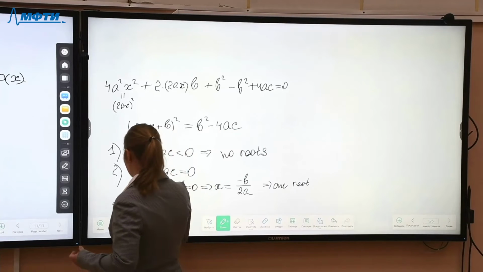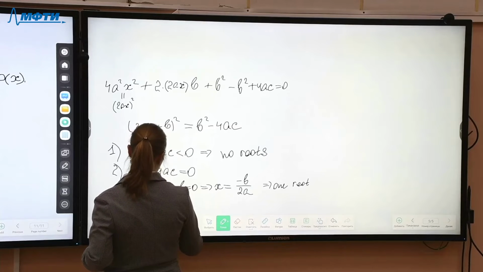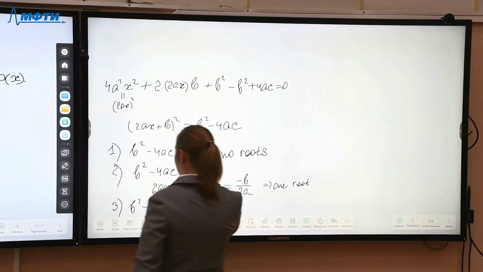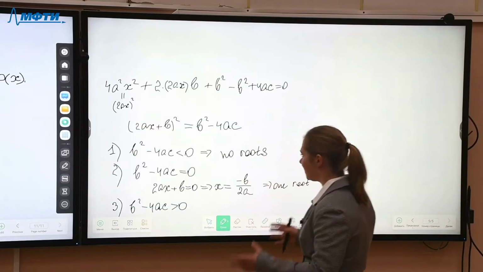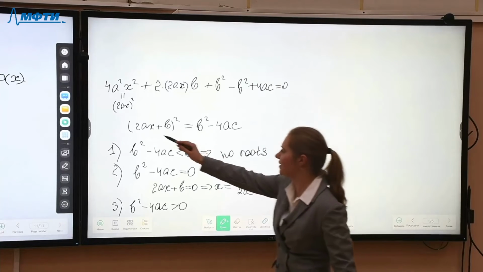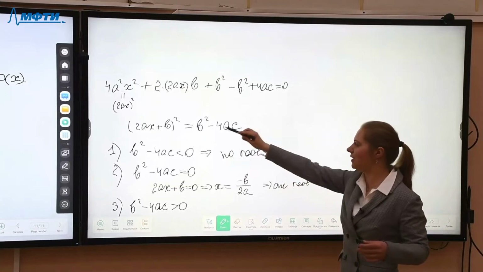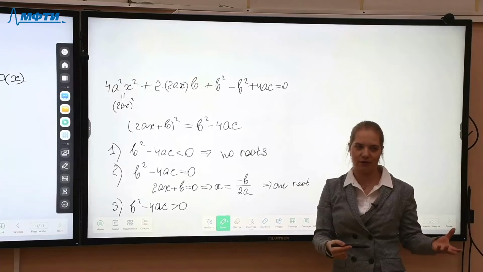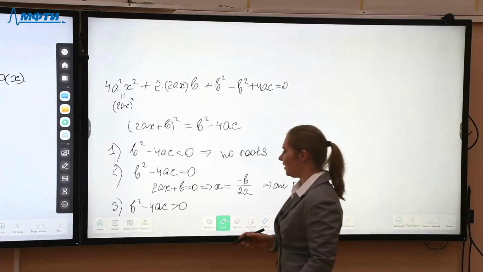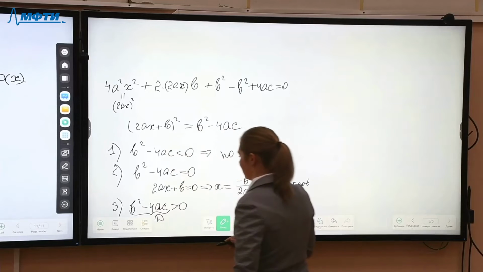And the last case, when b squared minus 4ac is strictly greater than 0, we have that something squared is something positive. It means that this thing non-squared is square root of this expression or minus square root of this expression. Let's say that this is capital D, the so-called discriminant.